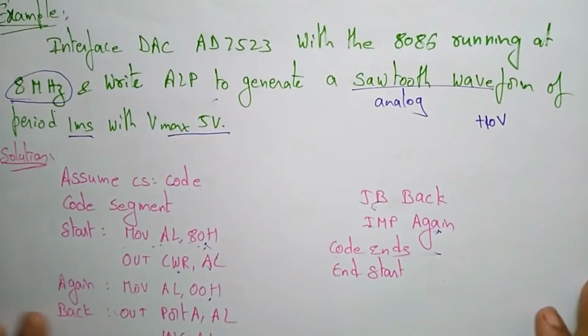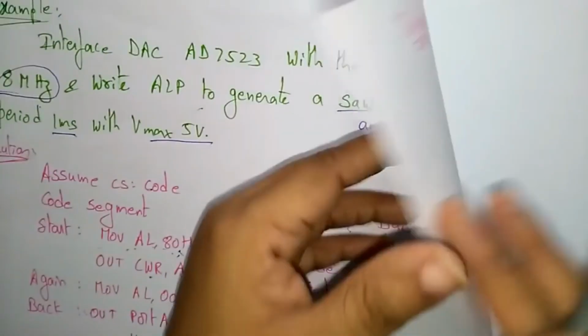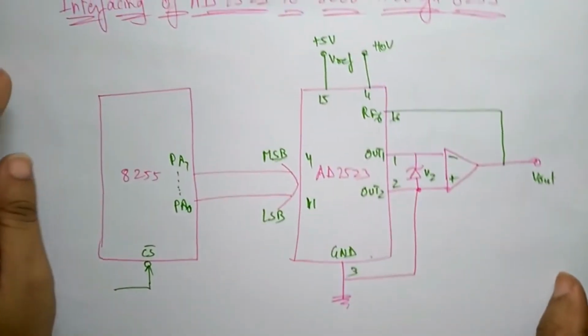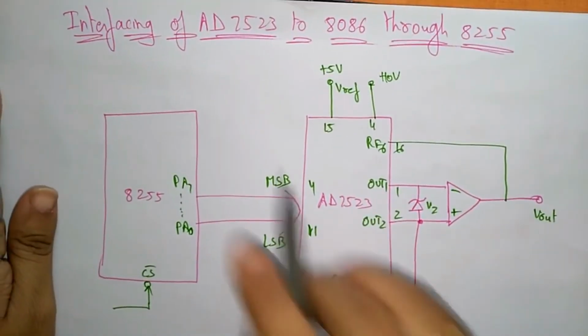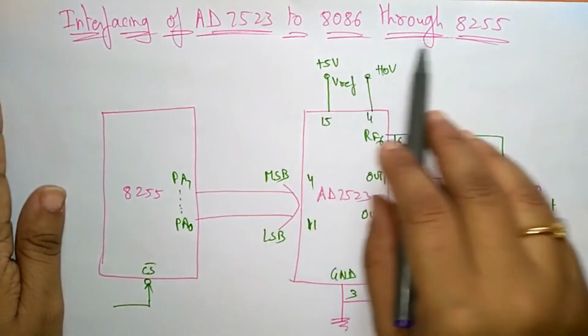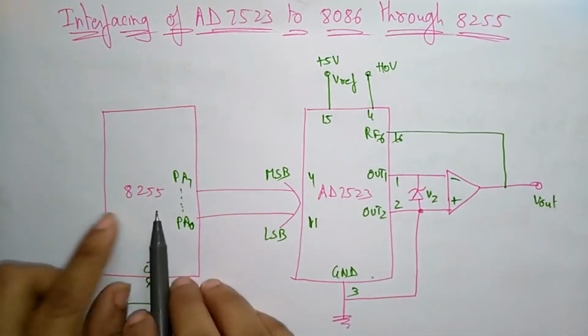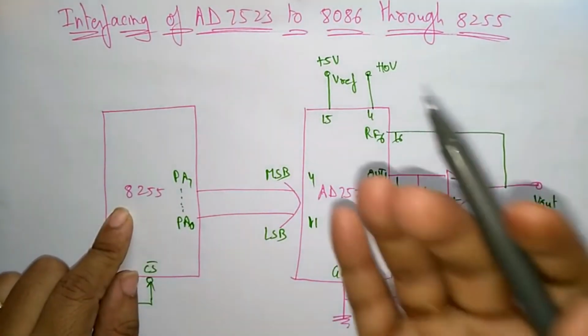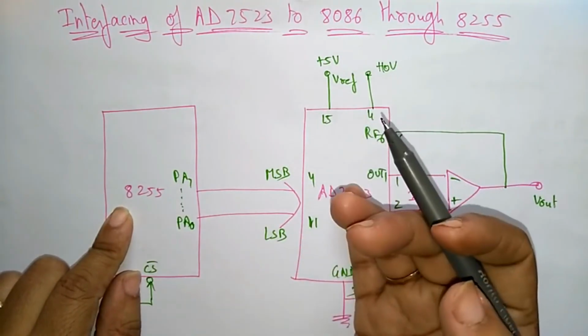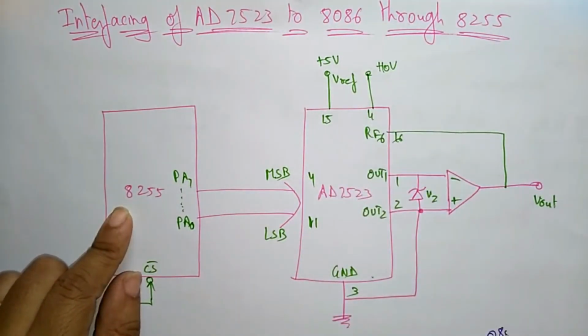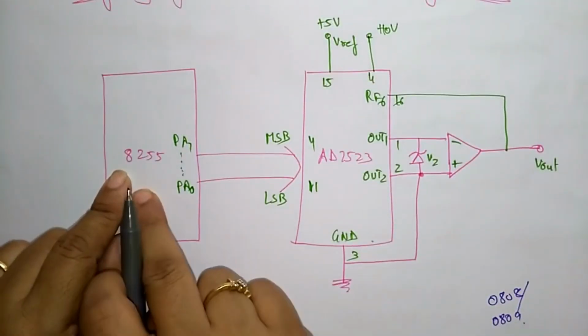So this is the interfacing of the DAC, and let's see the diagram of interfacing of AD7523 to 8086 through 8255. In the previous video we used analog to digital conversion, where the ADC 0809 was connected to the 8255.